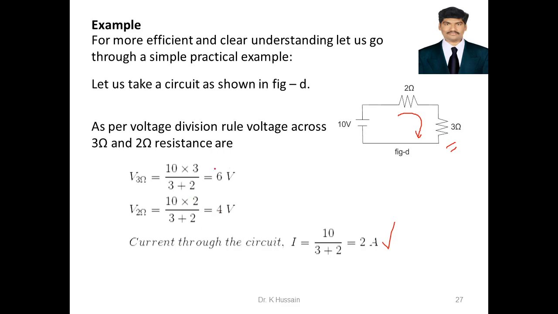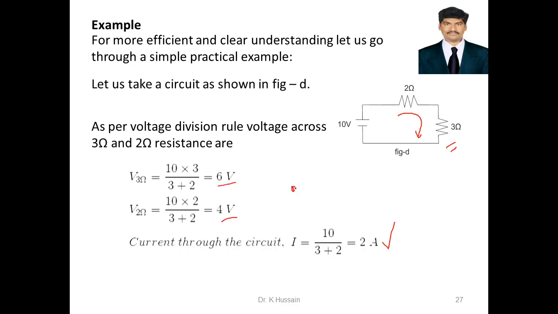By using voltage division also we can find that. If you want the voltage across this resistor, you take the total voltage into the opposite resistance over the total, so 2 by 2 plus 3, again giving 6 volts and 4 volts.